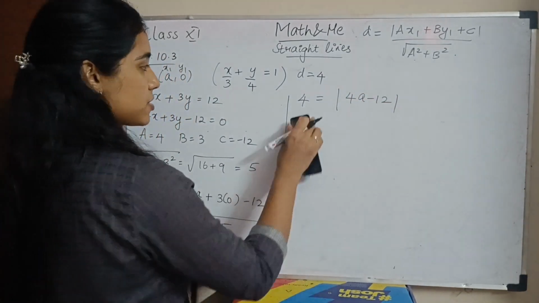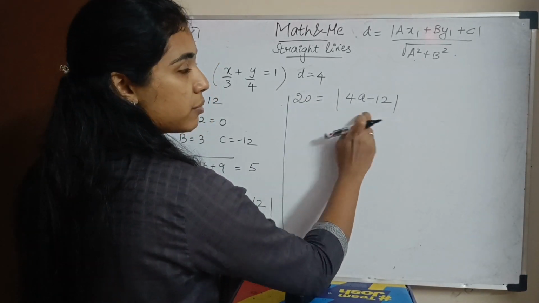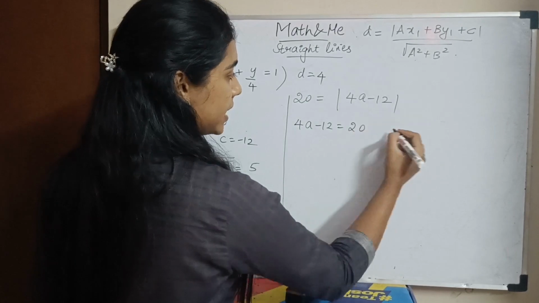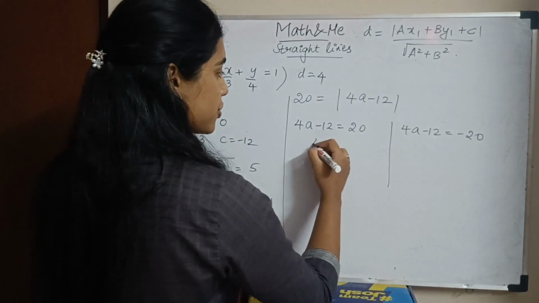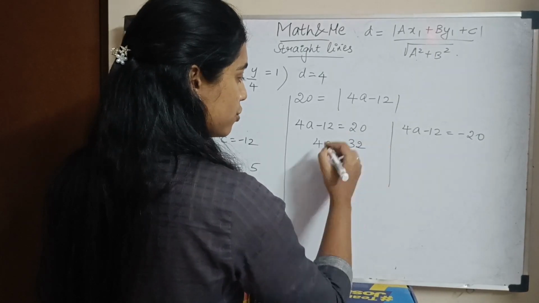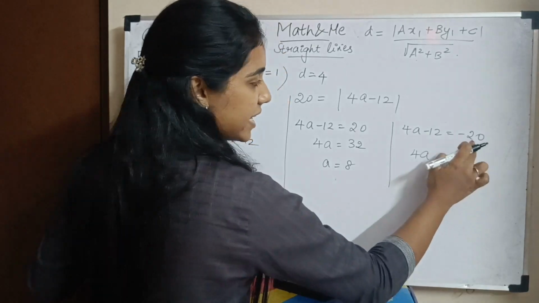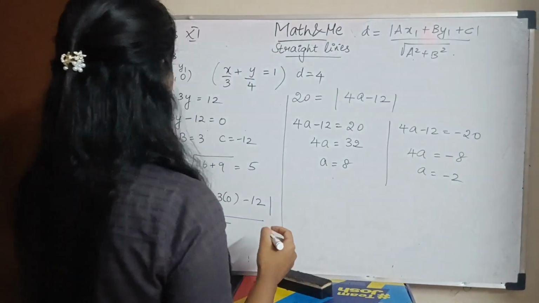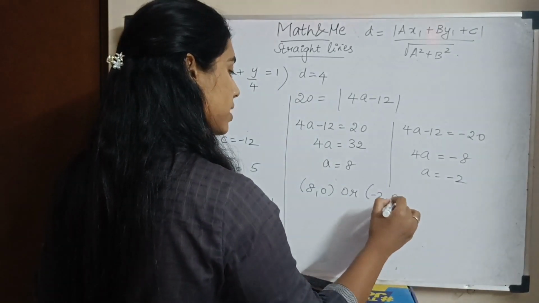I'll multiply this here, so I get 20. When I remove the modulus sign, I have two different values. So it's 4a minus 12 equals 20, or 4a minus 12 equals minus 20. So you have 4a equals 32, a equals 8. Here you have 4a equals minus 20 plus 12, which is minus 8, so a equals minus 2. So your points would be 8, 0 or minus 2, 0.